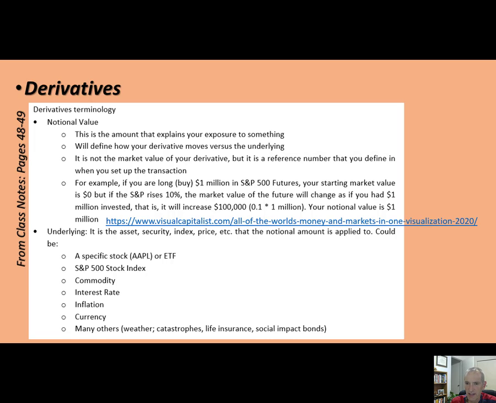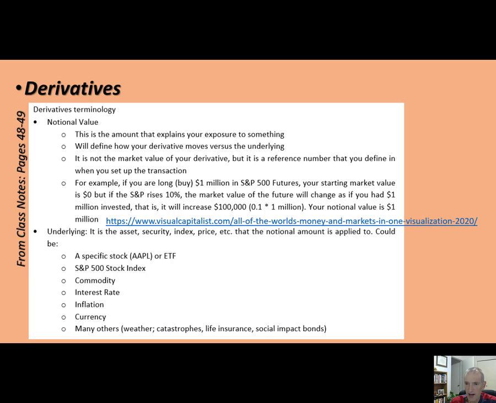It's the amount of money that determines how much gain or loss you're going to have. And it is not the same as the market value. The market value of an option or a future is not its notional amount. The notional amount will tell you how much the gain or loss on your option or future is. It will give you an indication of that, but it's the underlying basis.